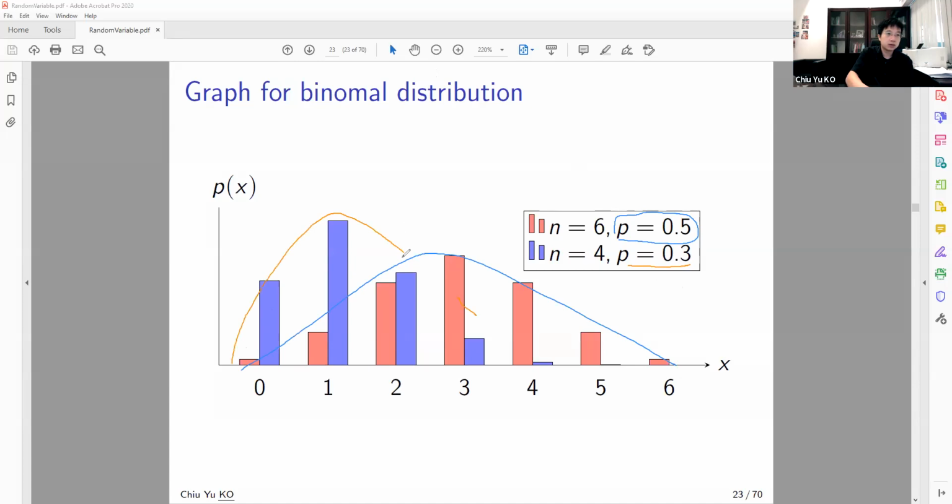Imagine another one, the green color, where p is 0.7; you should expect something like this. If p is half, then it will be more symmetric. This is what the graph looks like.